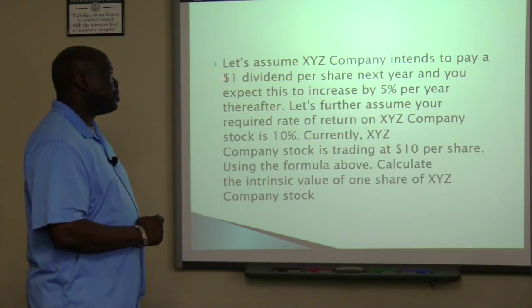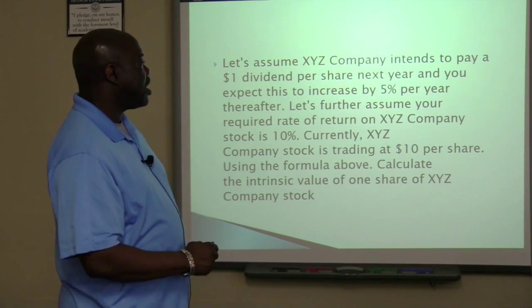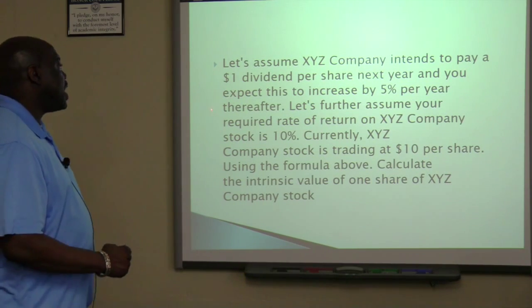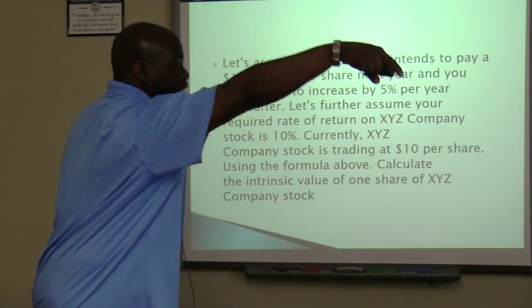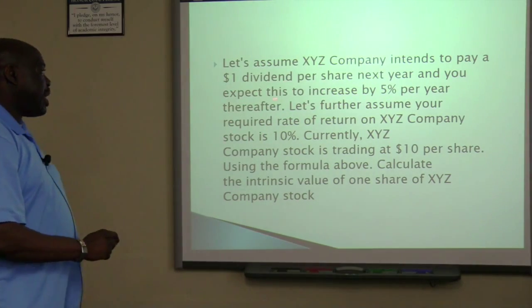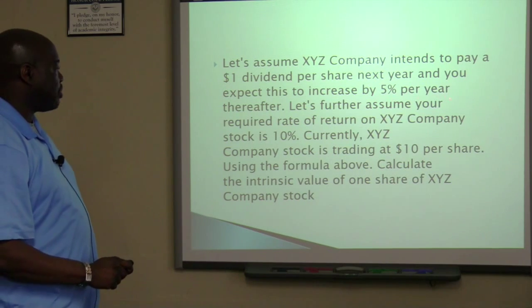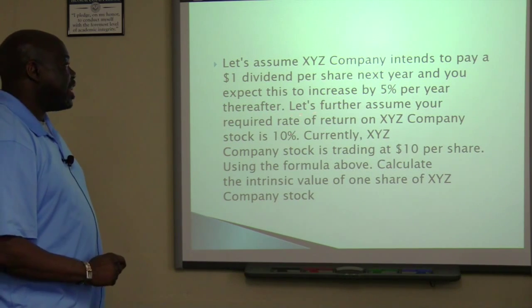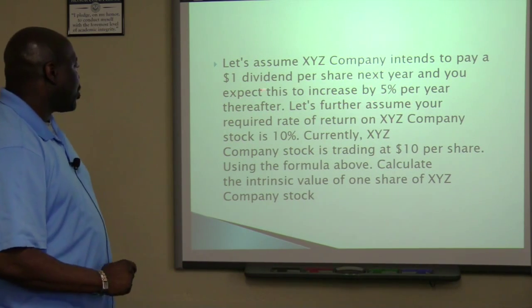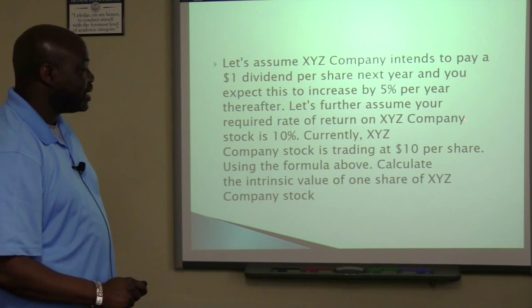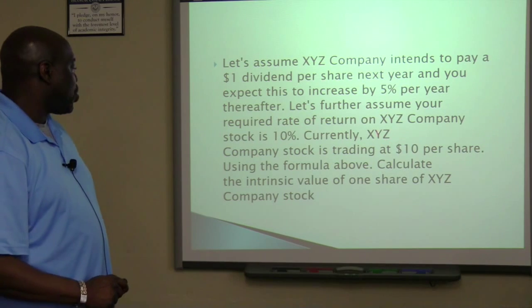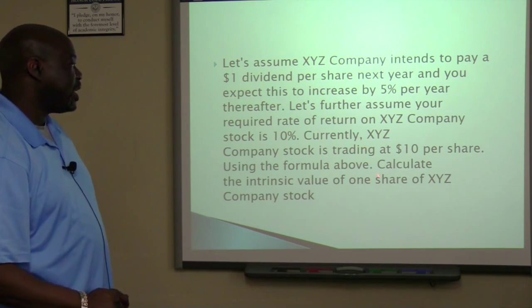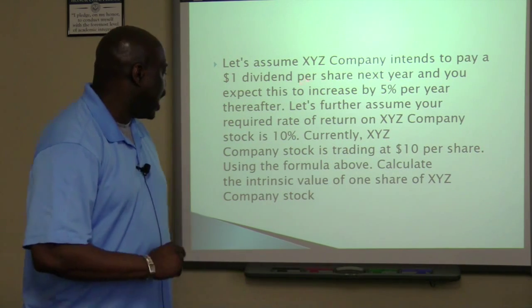Let's assume that XYZ company intends to pay a $1 dividend per share next year, and you expect this to increase by 5% per year thereafter. Let's further assume your required rate of return on XYZ company stock is 10%. Currently, XYZ company stock is trading at $10 per share.